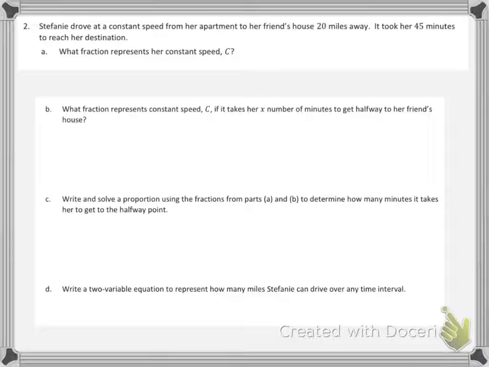Number 2, Stephanie drove at a constant speed from her apartment to her friend's house 20 miles away. It took her 45 minutes to reach her destination. So first we need that constant speed. And remember, constant speed is distance, in this case 20 miles, over time, which was 45 minutes.